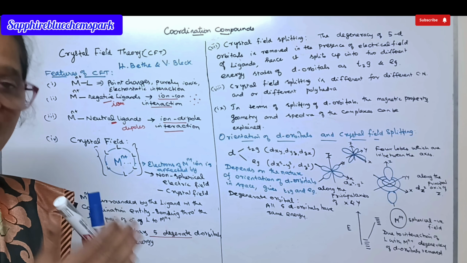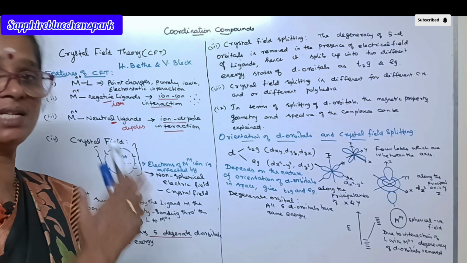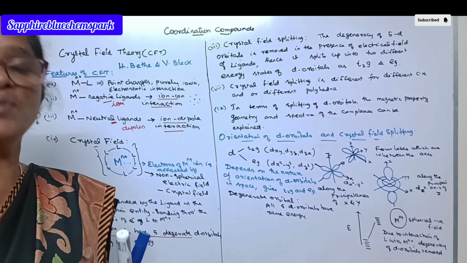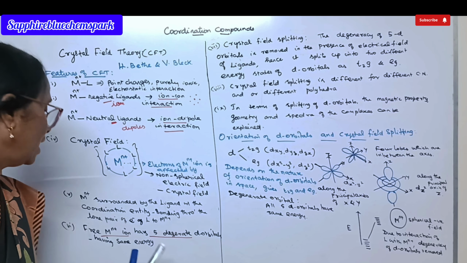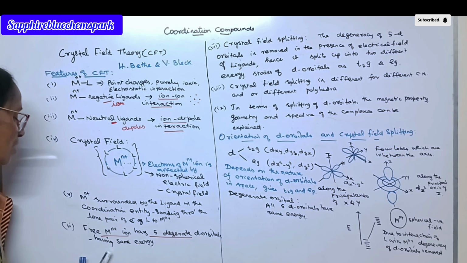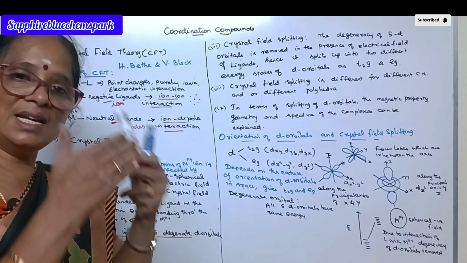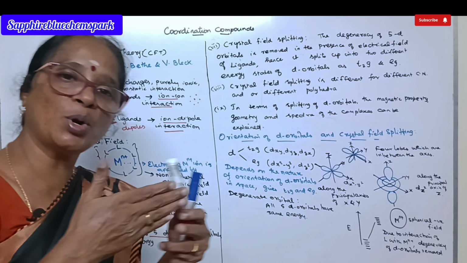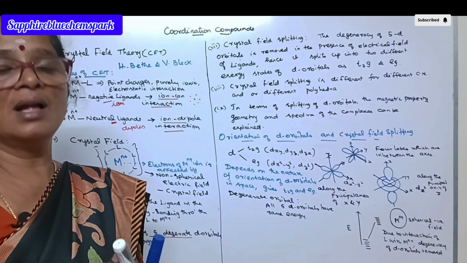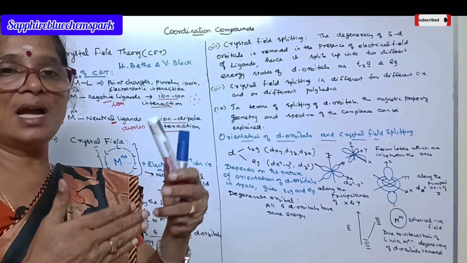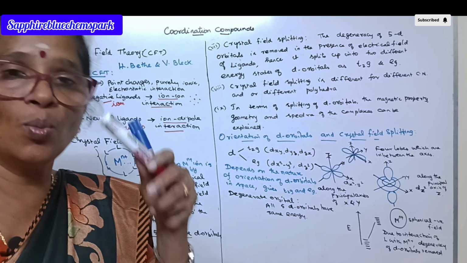So the metal, when it is in its free state in the absence of ligands, has its 5 d orbitals of the same energy. These metal ions are now approached by the ligands. Under this influence, what happened?